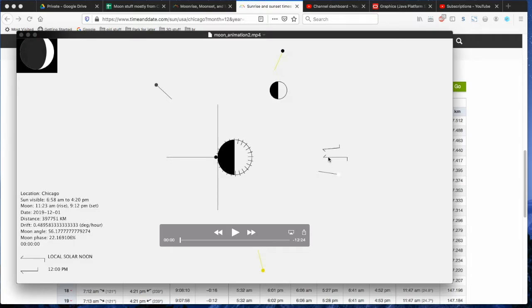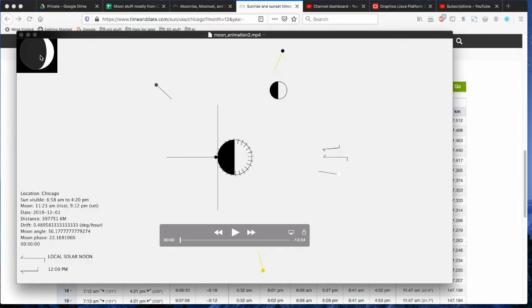And then from that point, the angle of the moon relative to the Earth, if you look at it from top down, would represent a particular angle like this, which should in this case be 56.177 degrees. The sun is always coming from the east to the west, so the right side is always illuminated and the left is always dark. And the moon phase is calculated by this angle.